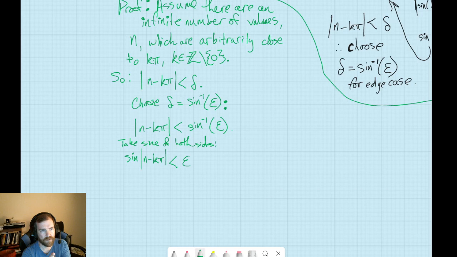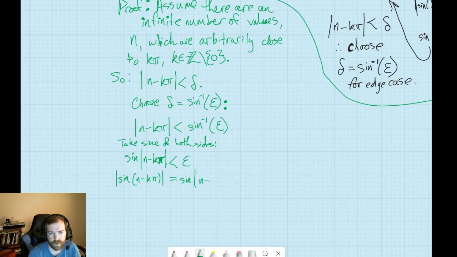And all right, so absolute value of sine of n minus k pi is equal to sine absolute value n minus k pi.